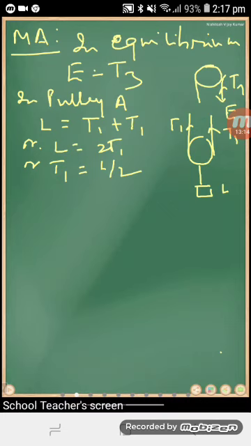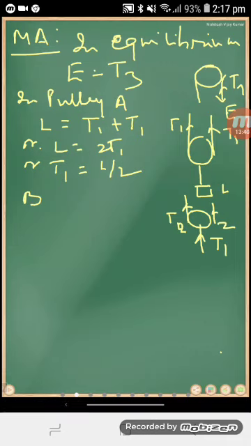Okay. Similarly, for pulley B, here we had tension T1 and here we have tension T2. Now this tension is going to be balancing. So here T1 will be equal to T2 plus T2.